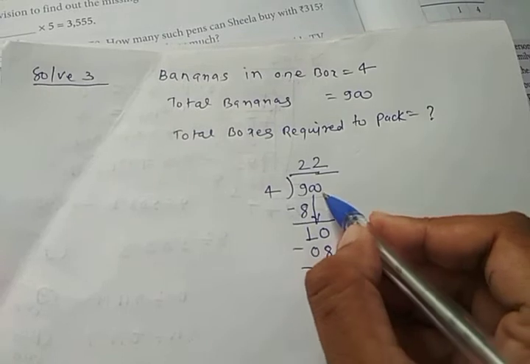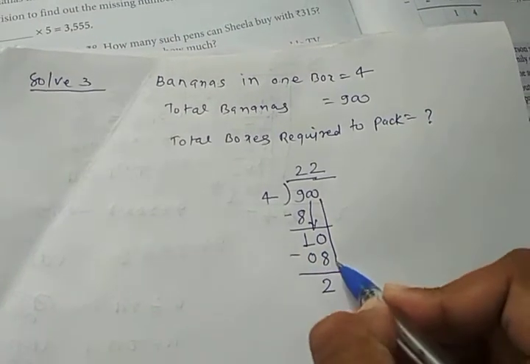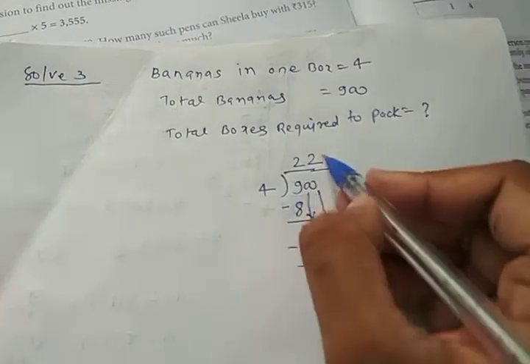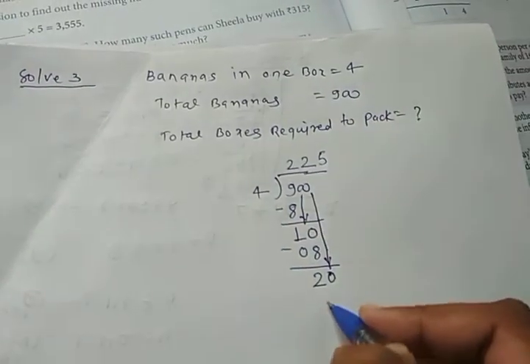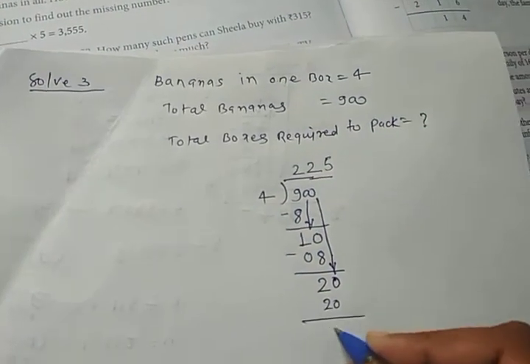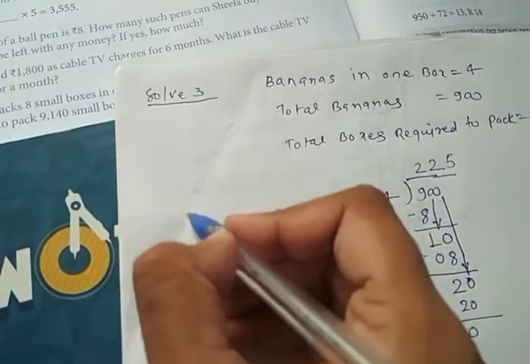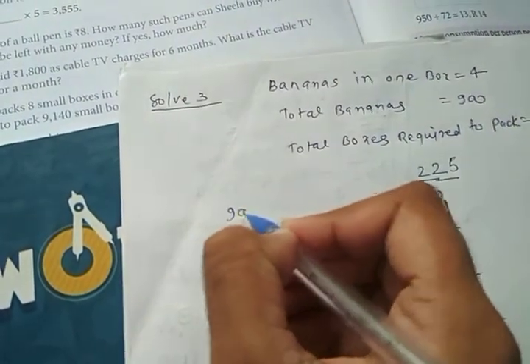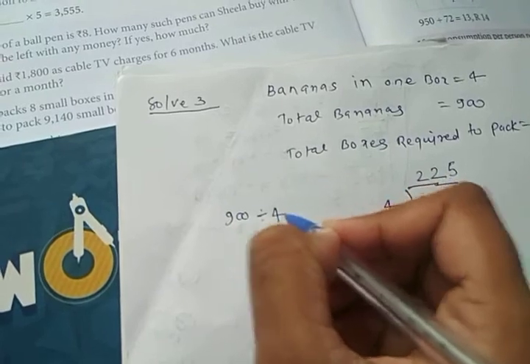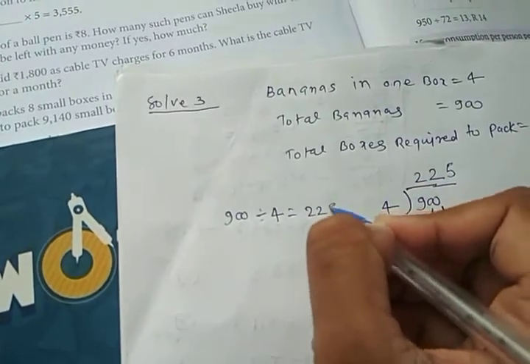Now again bring down this 0. So 4 5 is 20 and the remainder is 0. So you can write here that 900 divided by 4 is equal to 225.